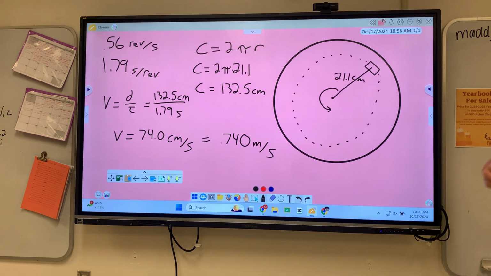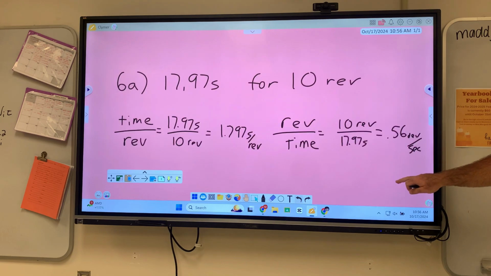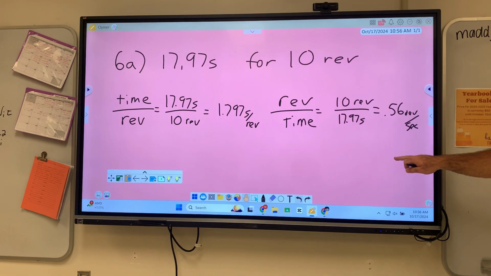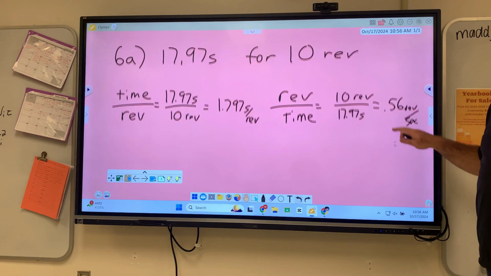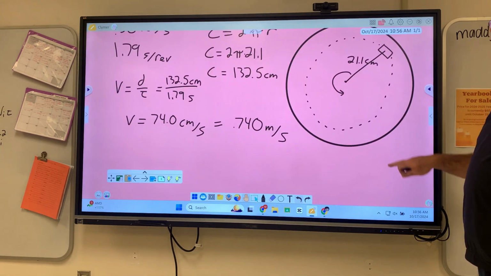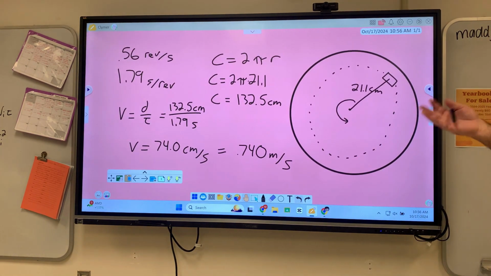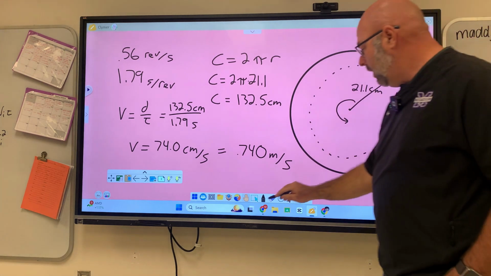You're going to have to do the math from up here, perhaps, where a thing rotates some number of times in some amount of seconds or whatever. But this is the degree, and this is what I would want to see on this question, how to answer this question. Then somewhere in here, you're going to do this.